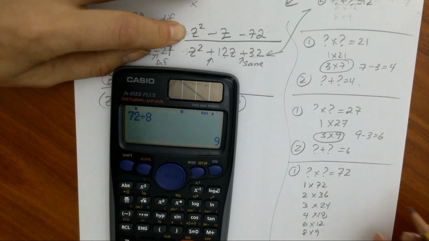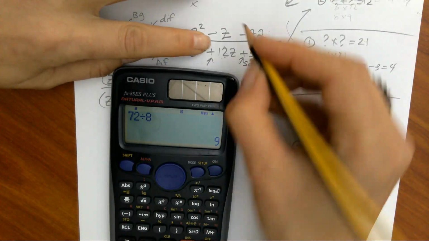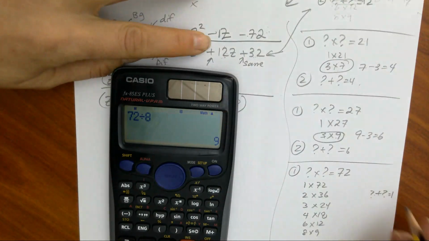And then we have to do what plus what equals 1, because there's really a 1 hiding here. Here, that's 1 if I subtract them.